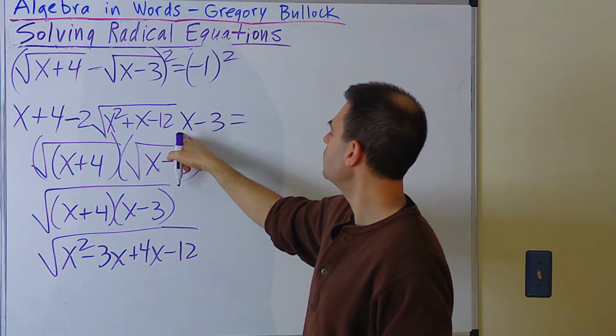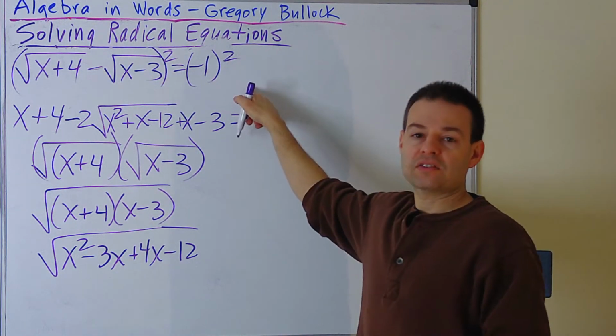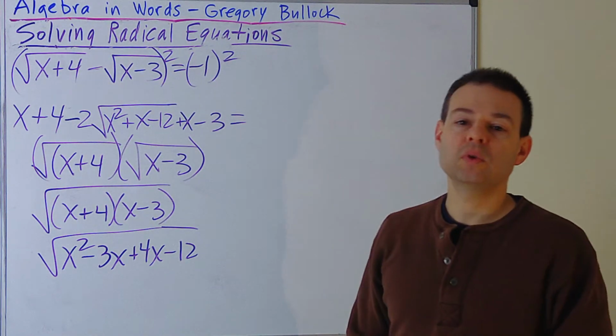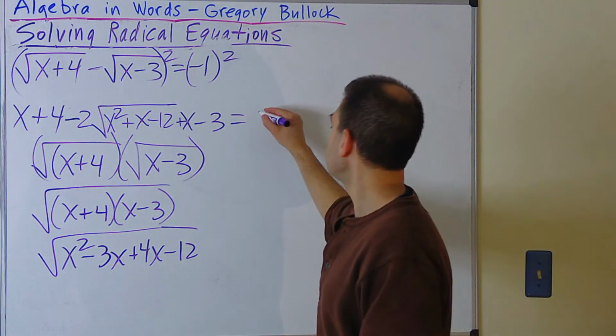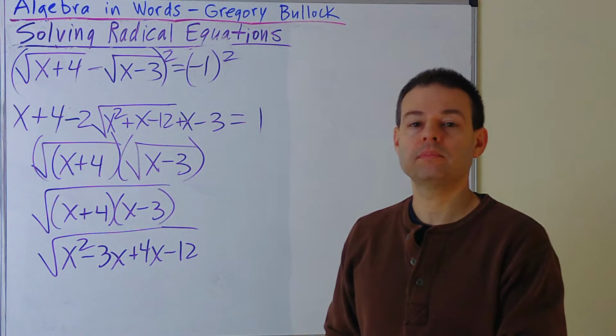And this will be plus. And let's square the negative 1, which is now positive 1. And I'm going to erase this so that we have more room to work on the problem.